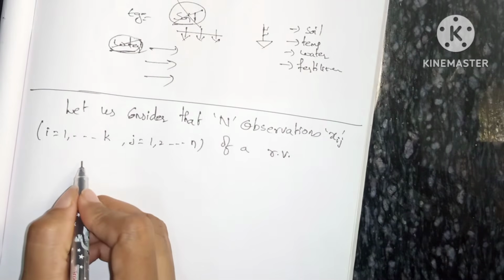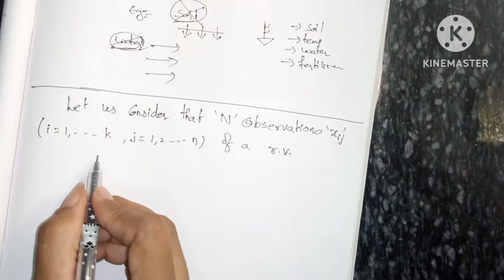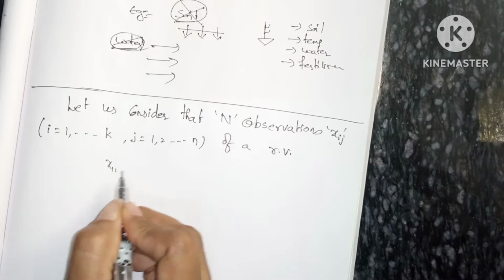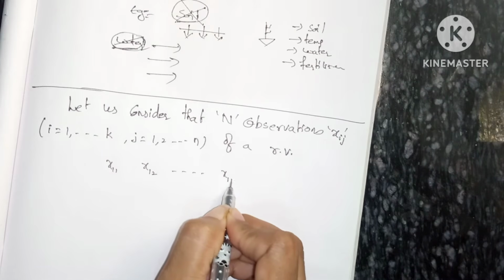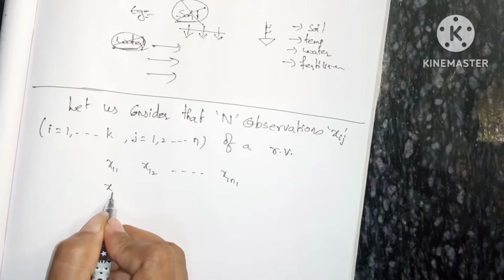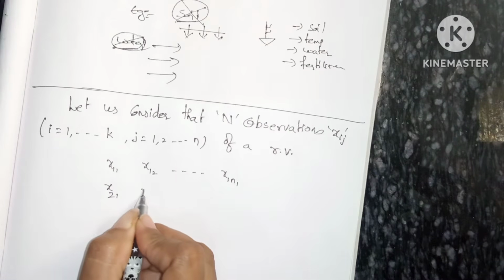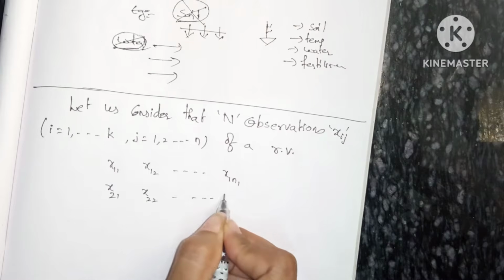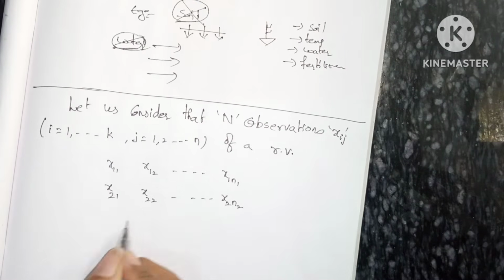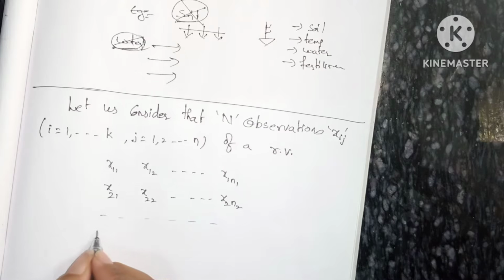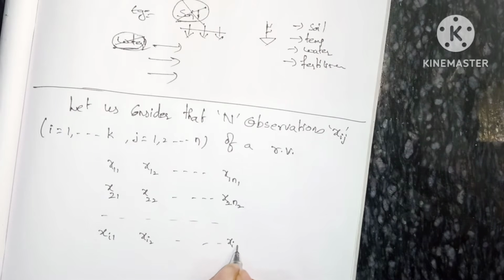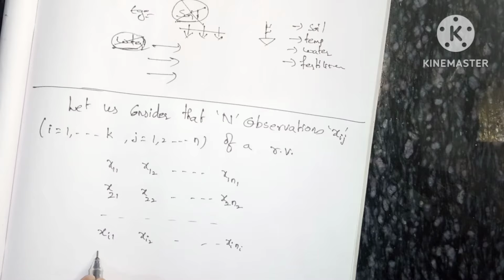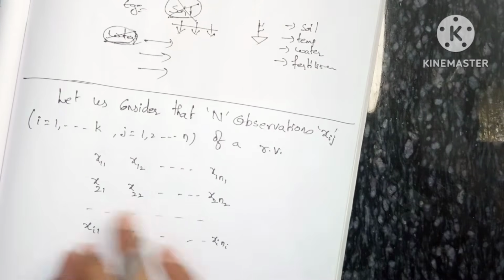Let me show in the table format. Here x11, x12 and so on, x1n1, and next one is x21, x22 and so on, x2n2, and so on like this. And the next one is xi1, xi2 and so on, xini. Like this I have given the data.